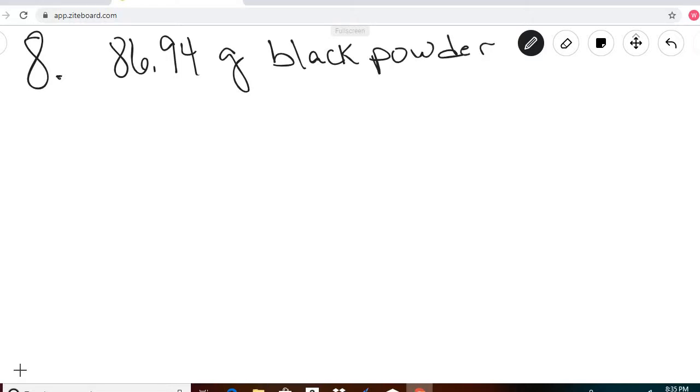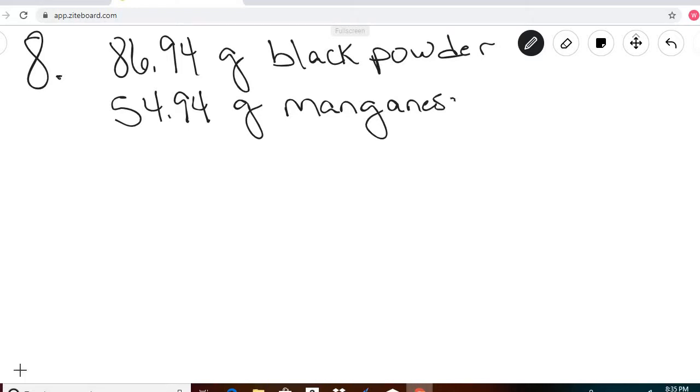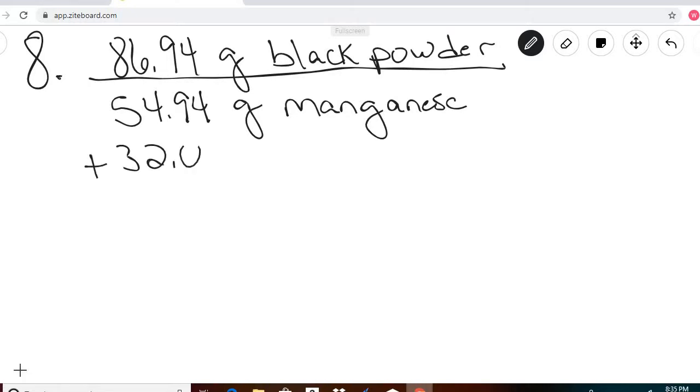And that was made by reacting 54.94 grams of manganese and 32.00 grams of oxygen. Okay, so that's what we had in question number 7.